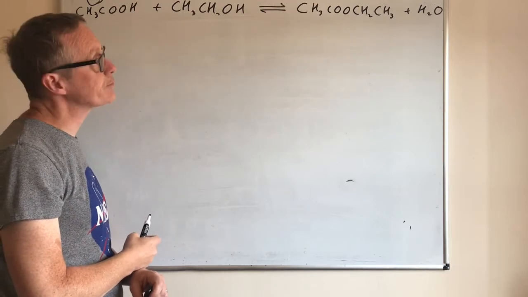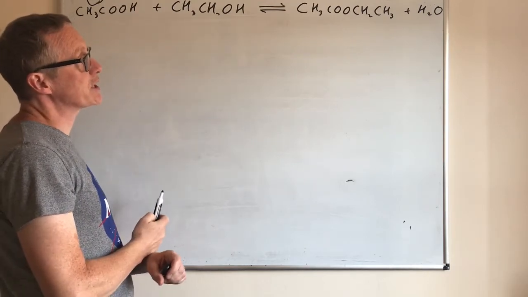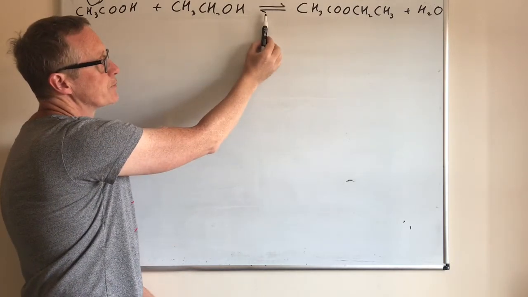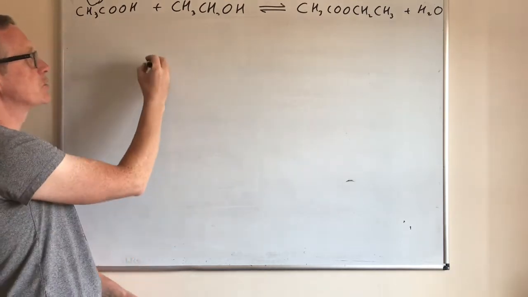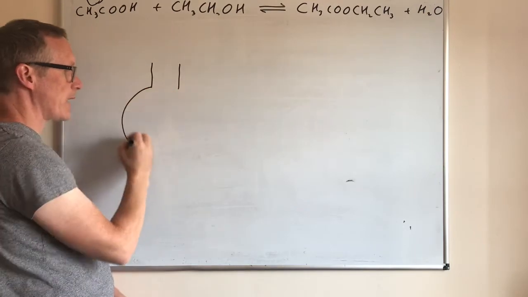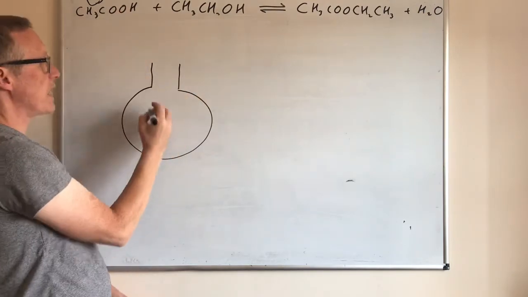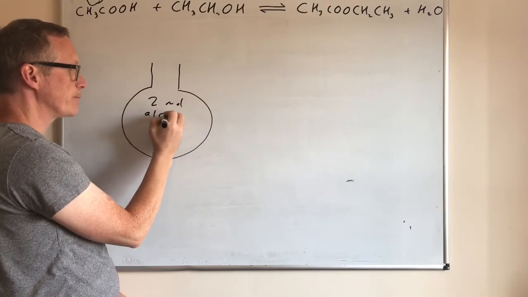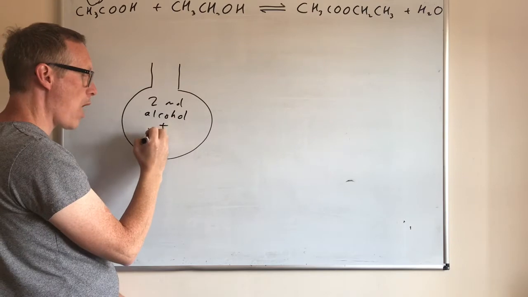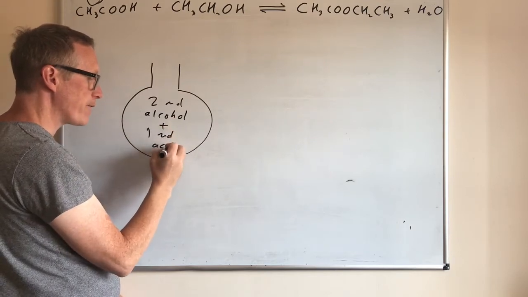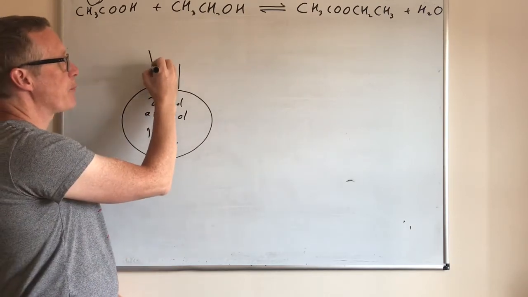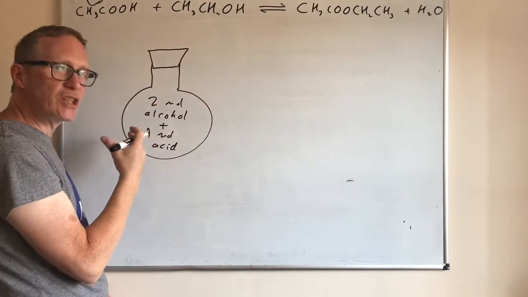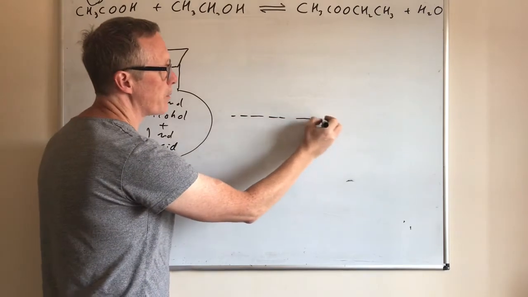Now, this reaction is reversible. So if we do this chemical reaction in a vessel where we add 2 moles of the alcohol and 1 mole of the carboxylic acid, and we put a cork in the top to seal the bottle, this system will reach equilibrium.